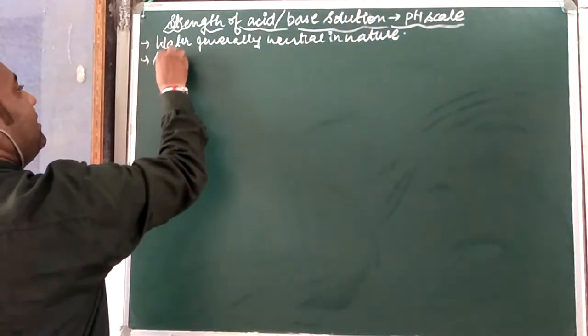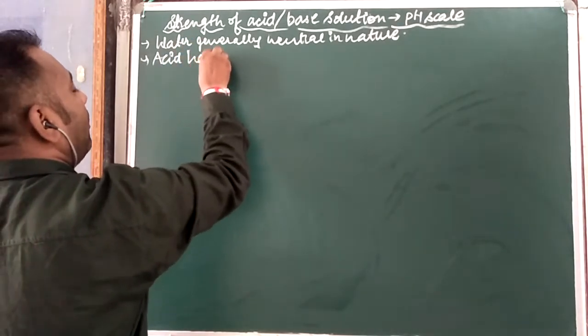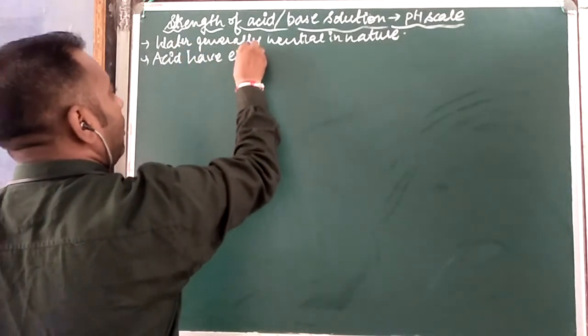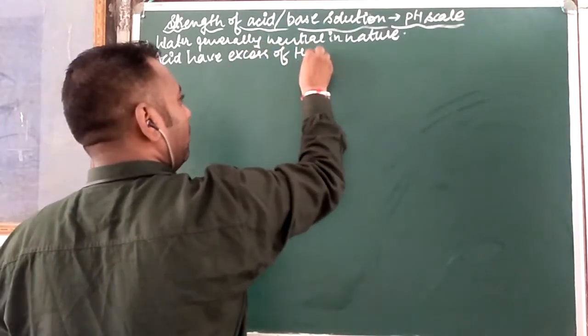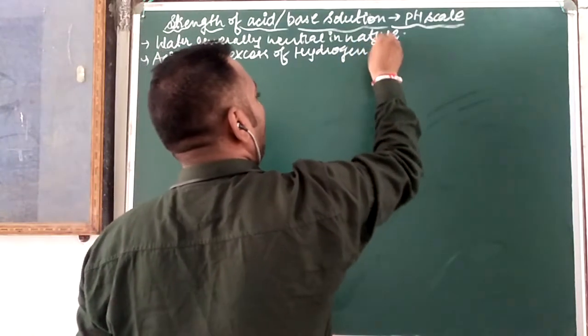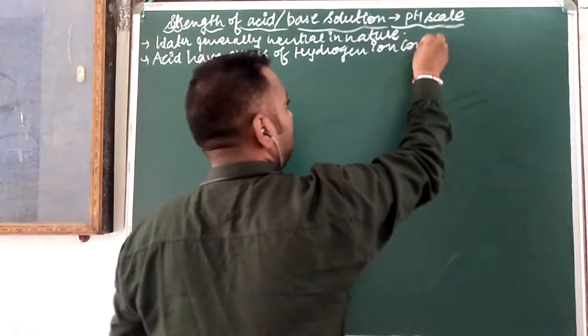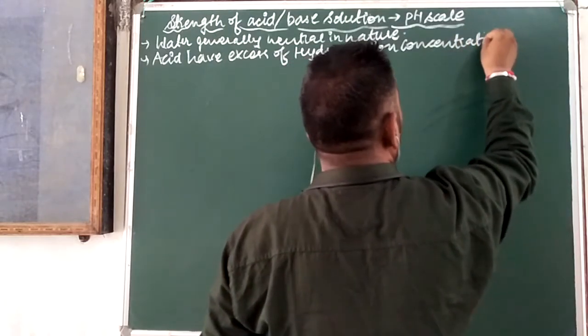Next, acid has an excess of hydrogen ion concentration.